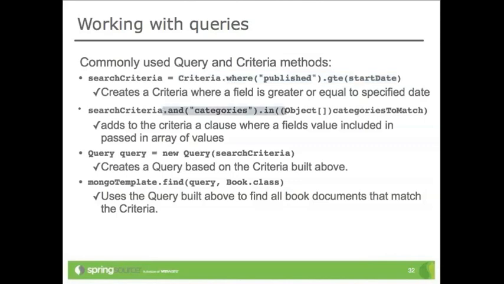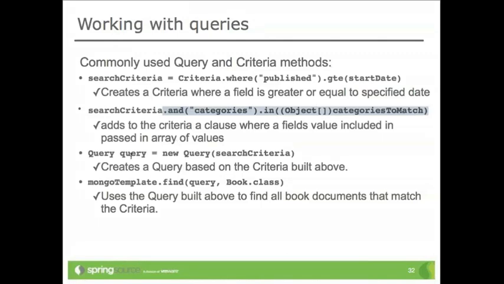We can say and categories are in a set of categories that we want to match against. So if we're searching for a book, we can say, okay, it has to be published after 1/1/2008, and it has to be a book whose category is in either Java or Spring or Mongo, or whatever categories I want to search on.